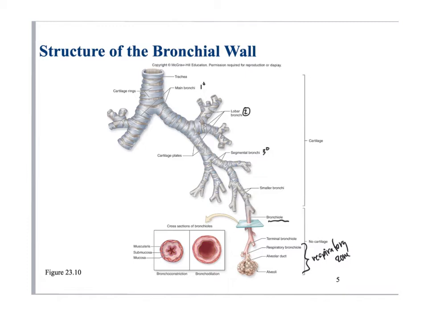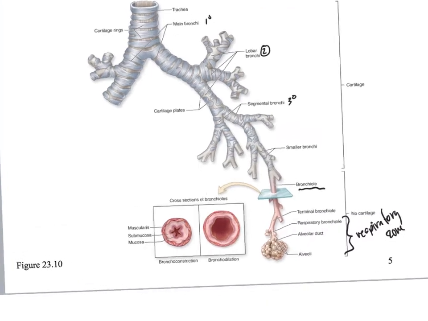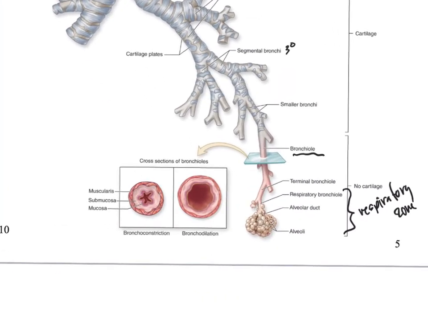What you see in this little inset here is the cross section of bronchioles. Bronchioles help to regulate or control airflow.